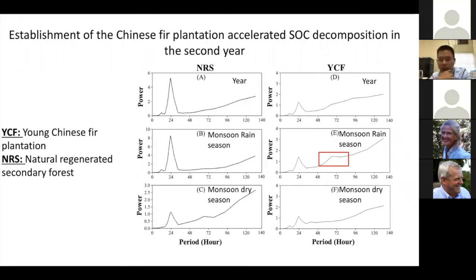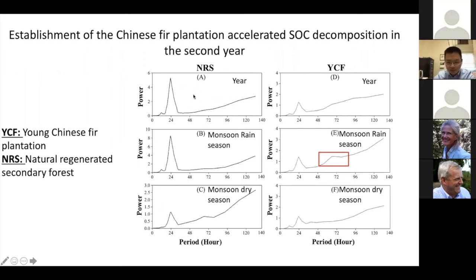Then I also measured the soil microbial respiration in the second year by high frequency measurements every 30 minutes. I explained it in the last chapter. In these two forests, the NRS and the YCF, I found first they are different.